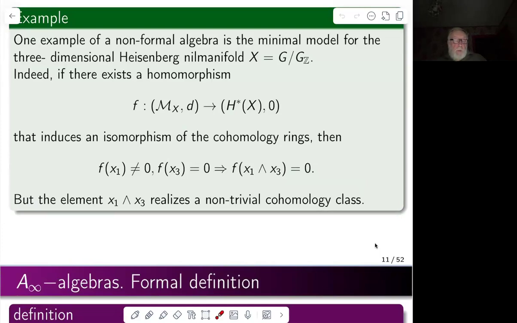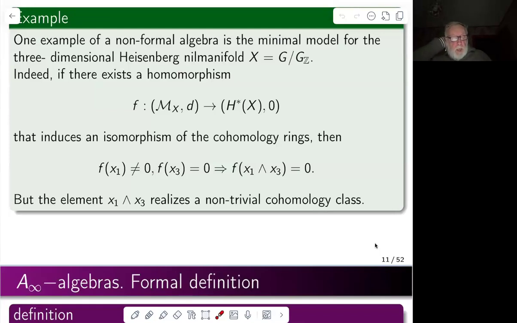So in dimension 4, this example with the Heisenberg nilmanifold is a building block to prove a highly non-trivial discovery in symplectic topology.